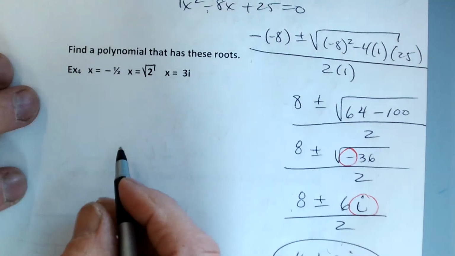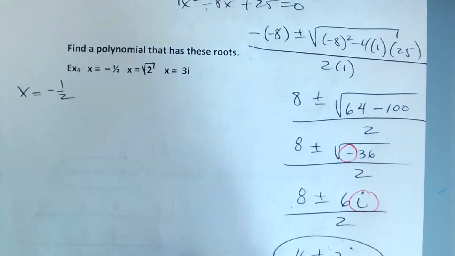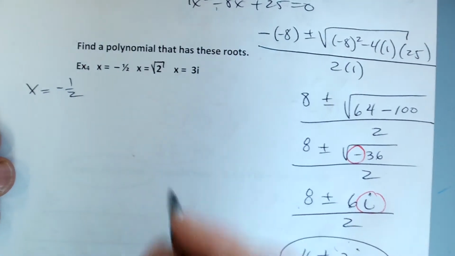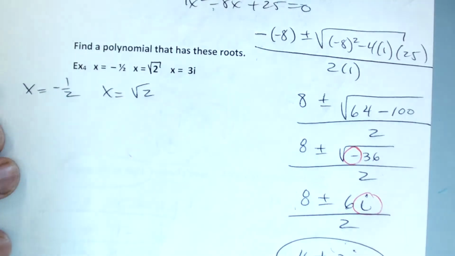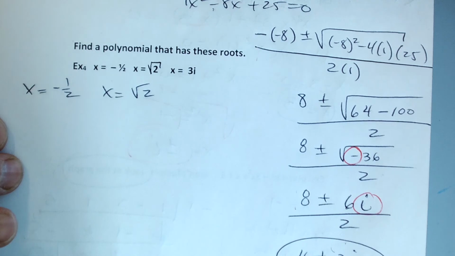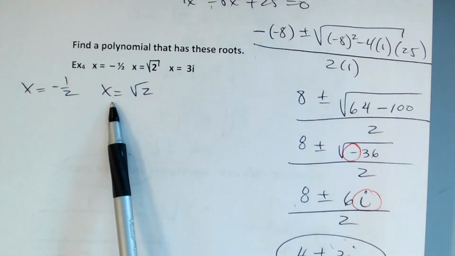So I have x equals negative 1/2, and I have x equals the square root of 2. But how did I get the square root of 2? What kind of problem would have gotten a square root of 2?